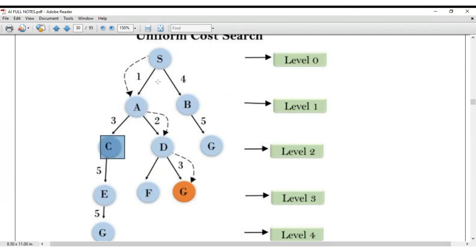It is S. Or let's say S has 53 and this one has 50, the least one is A. A has 50%. So it returns to A, because here it found this one is 53. So it doesn't have to traverse through C, because C already has a high cost. It is trying to find the one which has least cost.